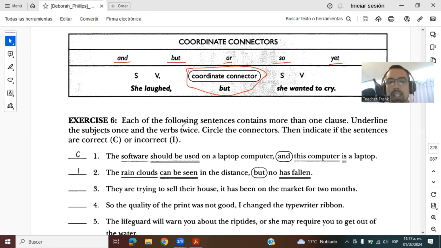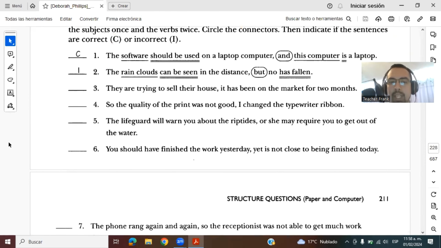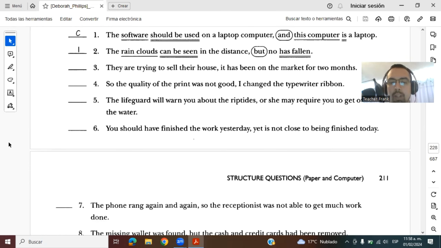So in the exercise that we're going to do, we have to underline the subjects once, the verbs twice, circle the connectors, right? Then indicate if the sentences are correct or incorrect. So let's look at the first two so we can kind of get an idea of what we're going to be doing. And then I will let you do them on your own.